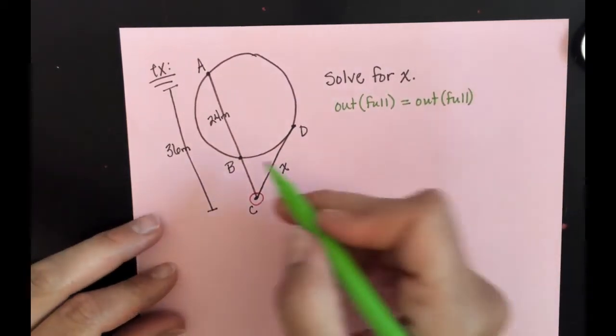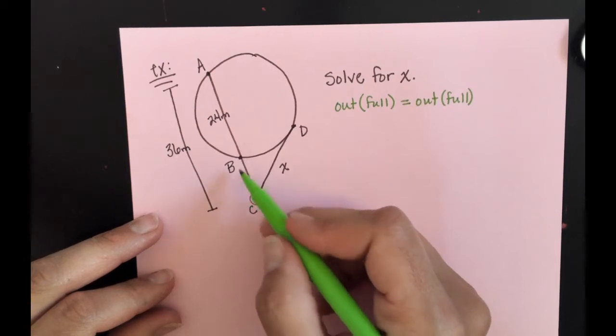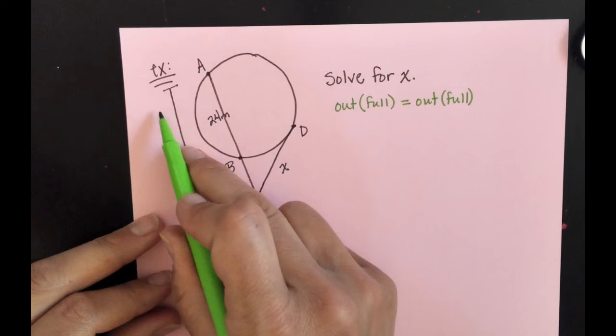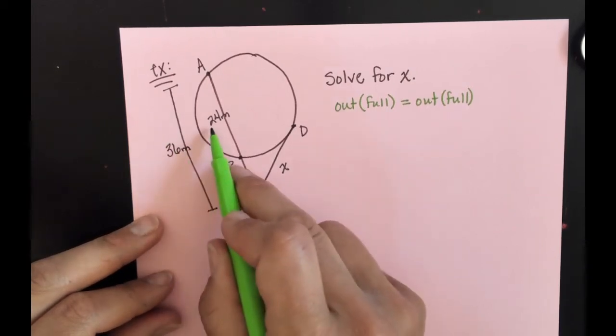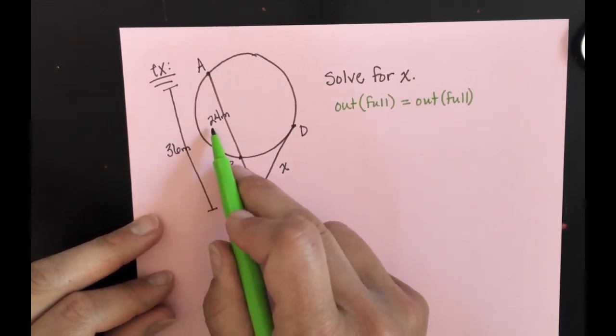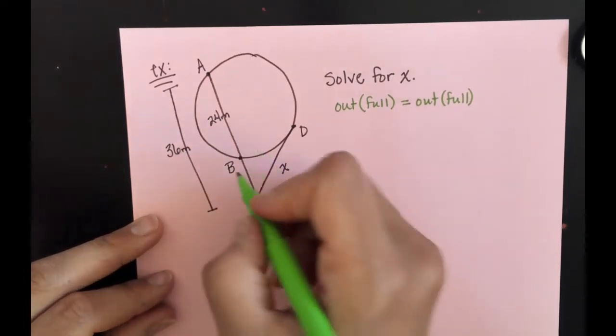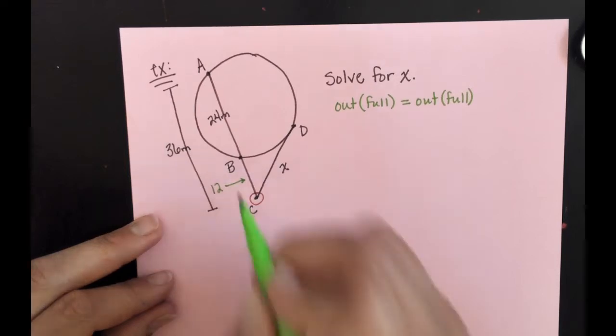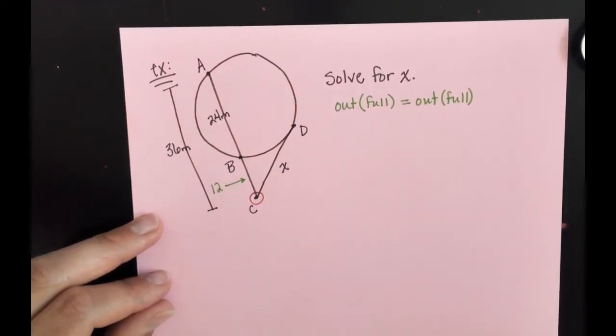So outside over here, we need to recognize that if the whole thing is 36 and that part is 24, to get the outside, I'm just going to subtract, and I find that that's 12.